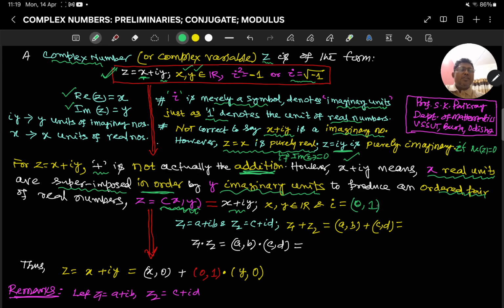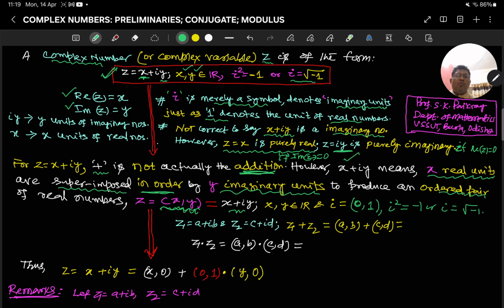It is simply a point on the imaginary axis. Such that i square is equal to minus 1, or i is equal to root over of minus 1.